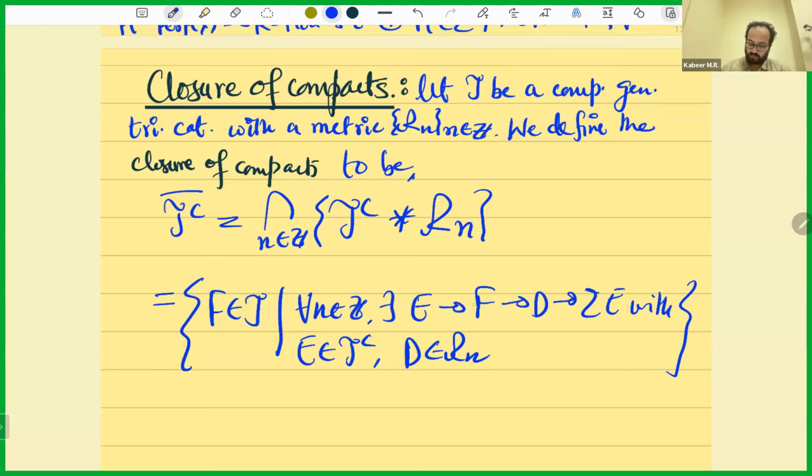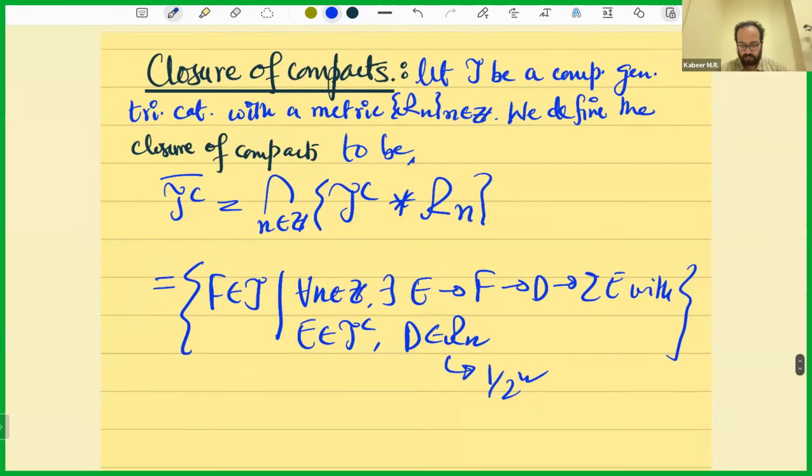So this implies that the cone of the morphism from E to F is small. And as this is true for all n, it is zero distance away from the category of compacts, and therefore it is the natural notion of closure, if you draw analogy from point set topology.